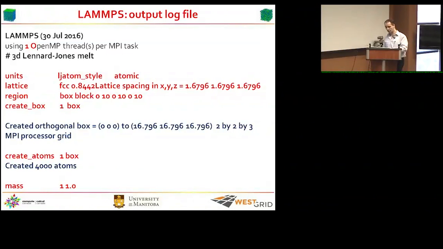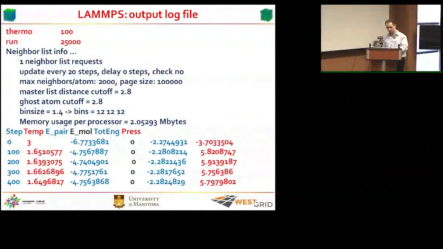It says here created box and so on, created atoms, mass, and so on. Then the neighbor list. Then when the simulation starts, after you write the command run, the program starts to print out some data, thermodynamic properties data. By default, it writes the step, the temperature, the energy, total energy, and the pressure. But as I said, it's possible to add more using thermo_style.